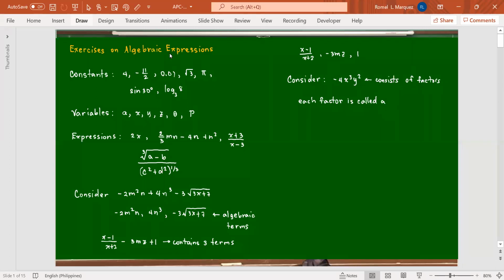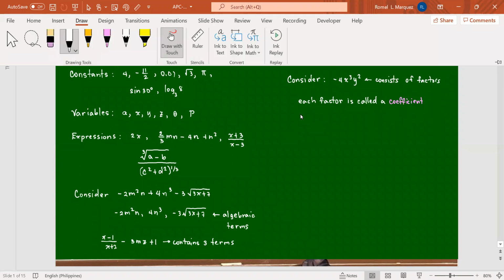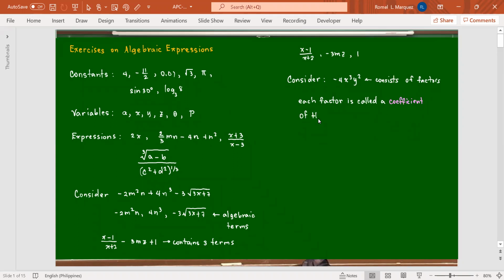Coefficient. Okay, guys? Coefficient of what? Of the remaining factors. Coefficients can be numerical, can be literal.